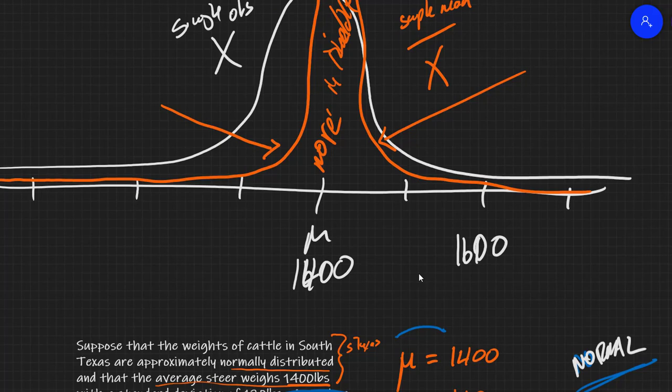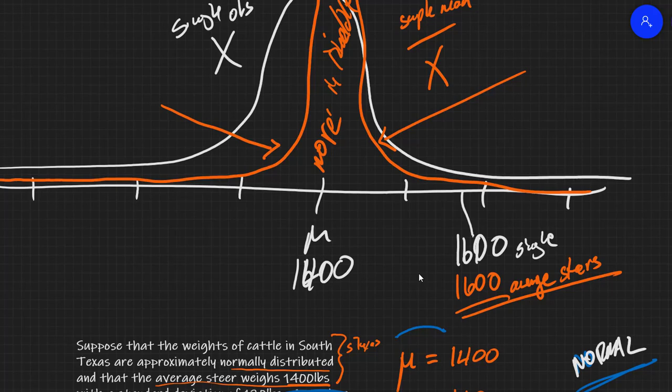While it's not unlikely that you might have a single steer at 1600, it is super unlikely that you would have an average weight of steers at 1600. And that's one of the reasons you might get different results if you compare single observations and follow a very similar example than if you follow sample averages.